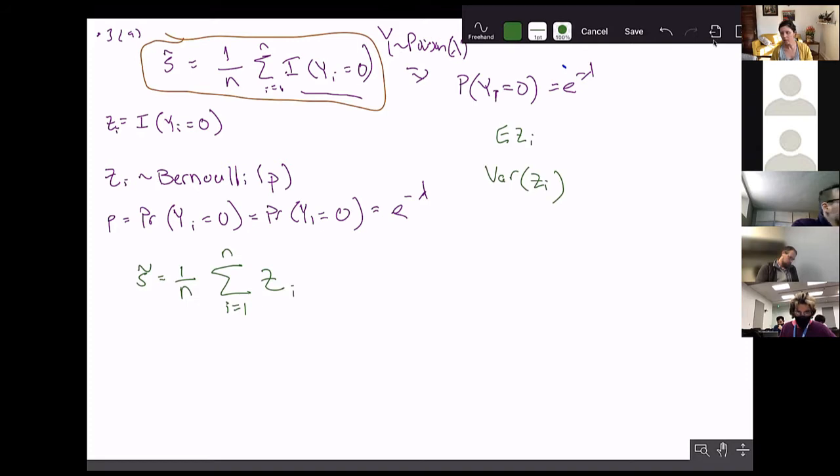Isn't the expectation of zi equals 0? Or is that wrong? Why? I don't know, I get really confused with this.